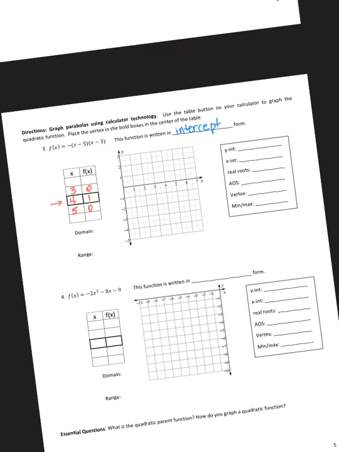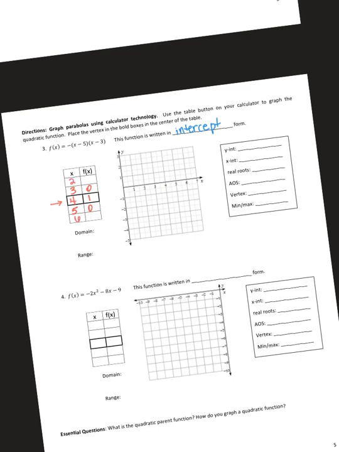Okay, so we need 2 more values in our table. We want to find values that give us outputs that fit on our graph and are easy to graph. So take a look at your table and choose a point for the top row and the bottom row of your table.